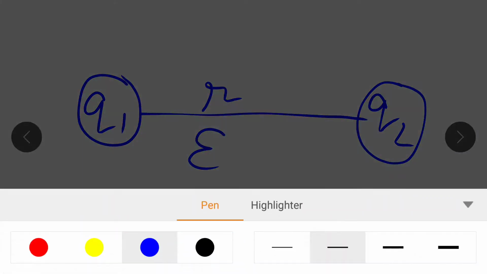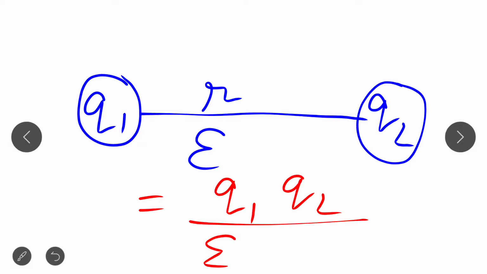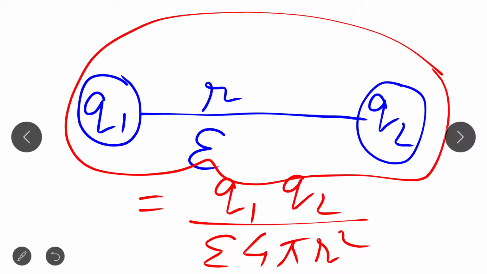If we want to calculate its energy, it is calculated as Q1 Q2 divided by epsilon 4 pi r square, since it is in a spherical medium. By this formula, Q1 Q2 by epsilon 4 pi r square, we can easily calculate the ionic energy. I hope you get a clear idea about this.